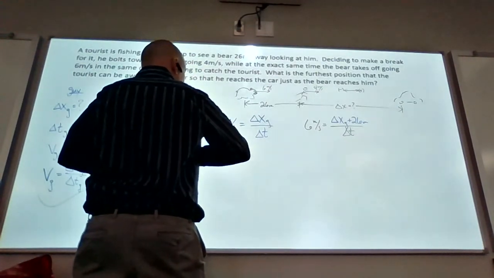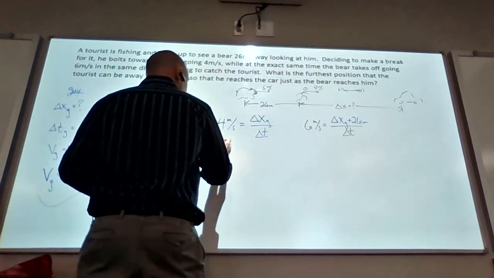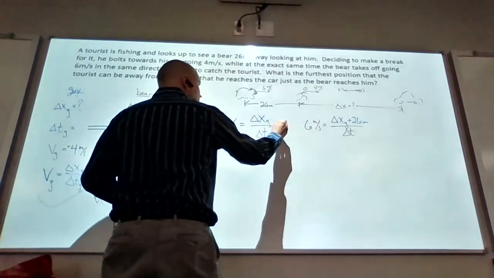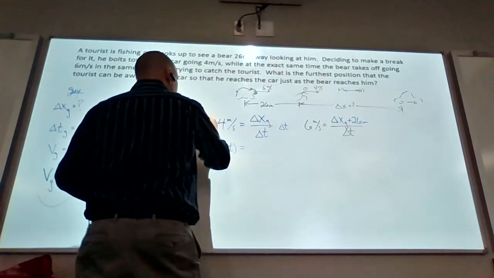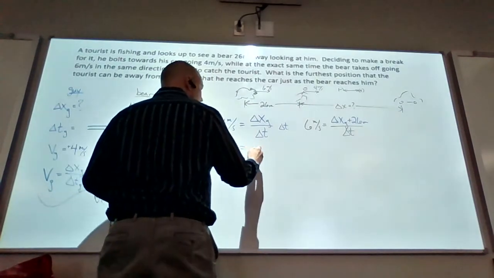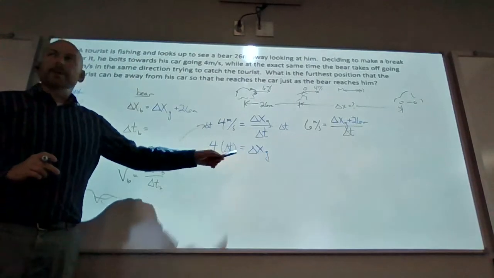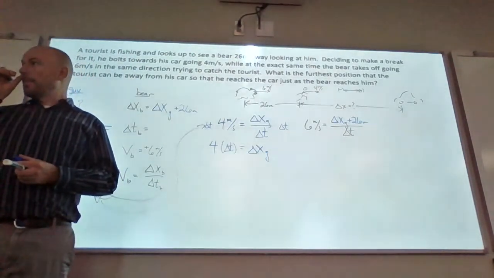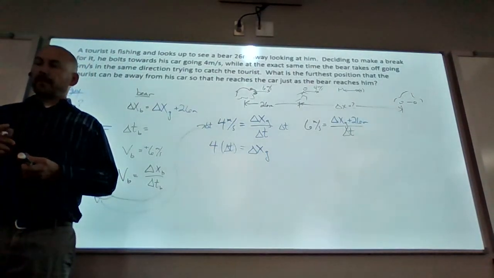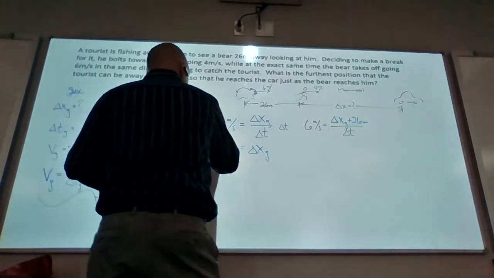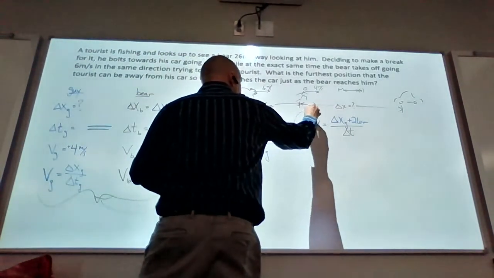So I'm not going to worry about the units. You could totally put the units in there, but I'm not going to. I'm going to multiply time on both sides. Bring time over. So now I have an expression for the displacement of the guy. And I'm going to substitute that in for here.